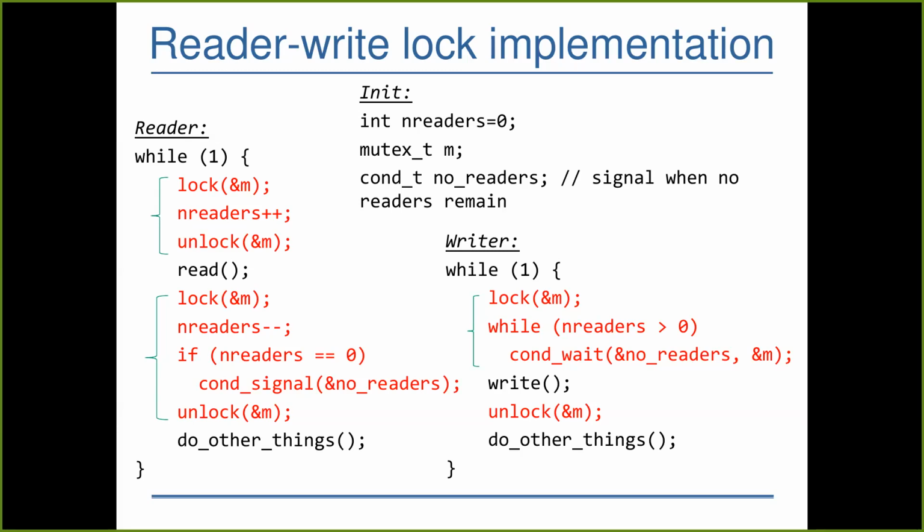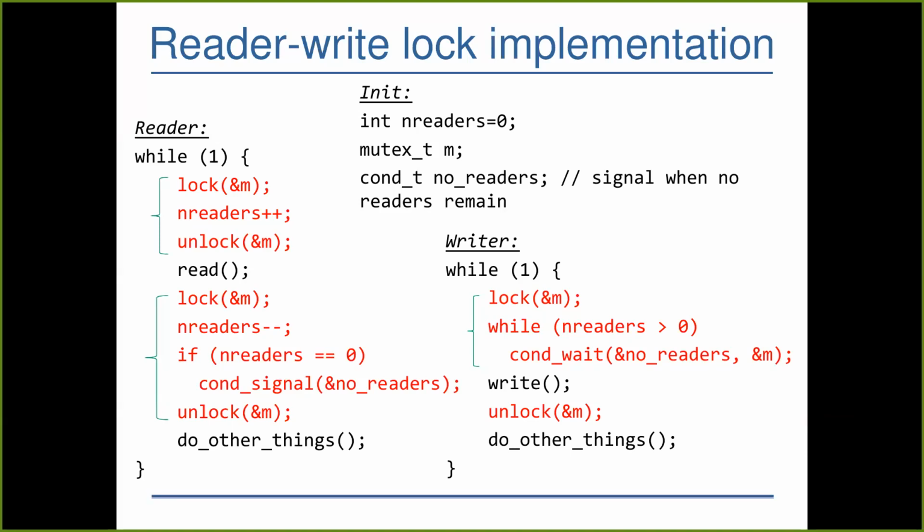But the moment the writer releases this lock, this mutex will be available. So then the corresponding reader will be able to grab this lock, and we'll go further. Going further means incrementing n readers by 1 and then unlocking this mutex, so it will not hold this mutex.